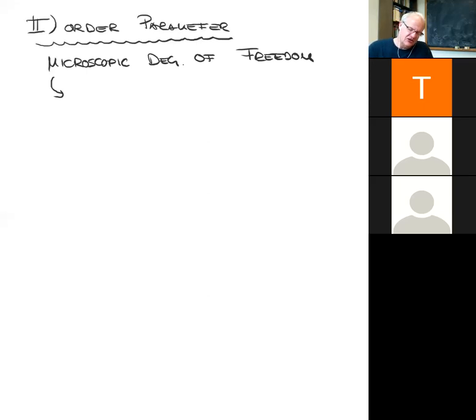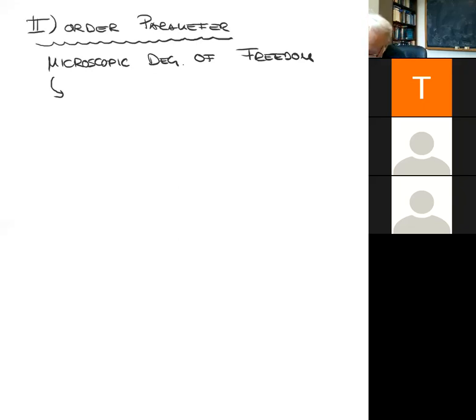Again, there is no algorithm that allows you to identify an order parameter. You have to have some physical intuition or knowledge about the system to figure out what the correct order parameter might be. And that choice may not even be unique. For a given phase transition, there could be more than one object that will do the job.